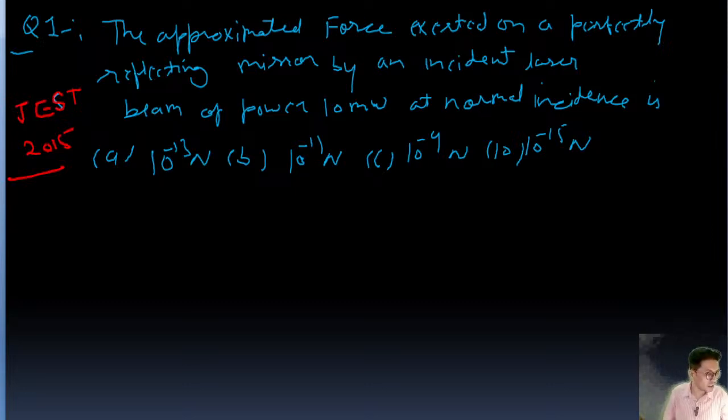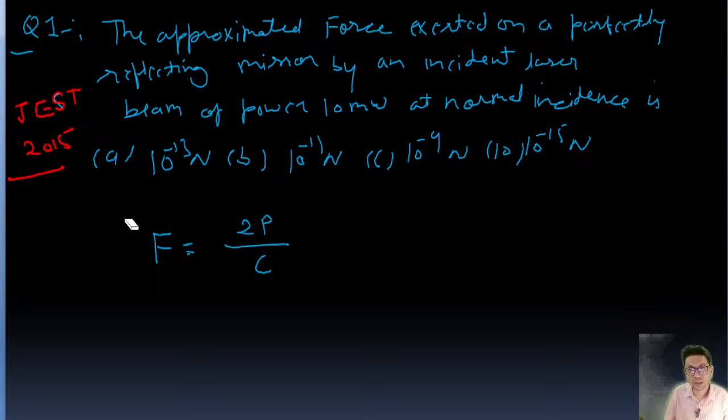Okay, so we have a formula guys: the approximated force exerted on a perfectly reflecting mirror by the incident laser beam of power 10 milliwatt. For the force exerted by a beam of laser, this we know, that is 2P upon c.